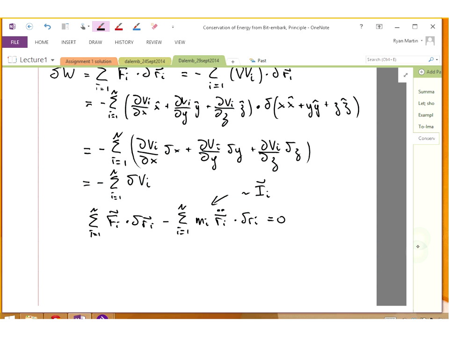So that's D'Alembert's principle, but now we write in what we just found for the case of a conservative force. That first term can be written as the sum from i equals 1 to n of the virtual potentials, delta V_i, plus the second term.